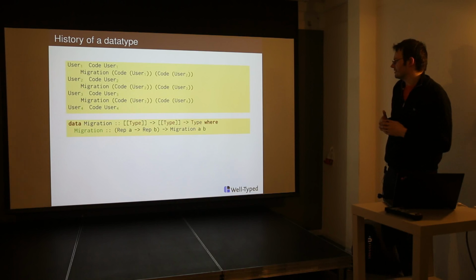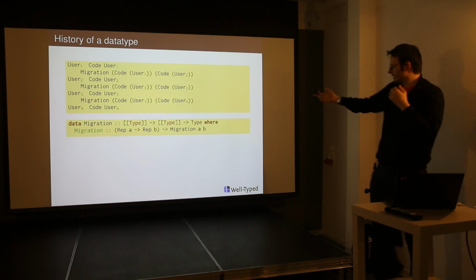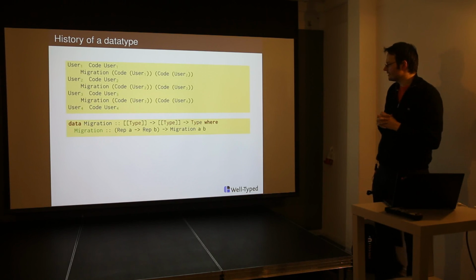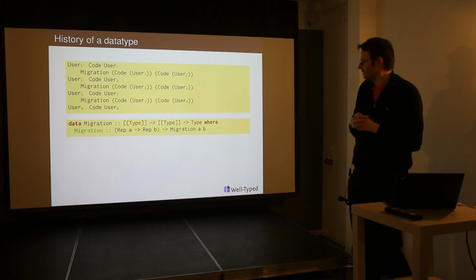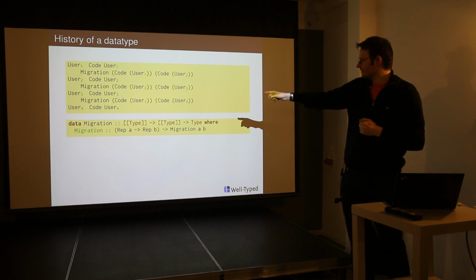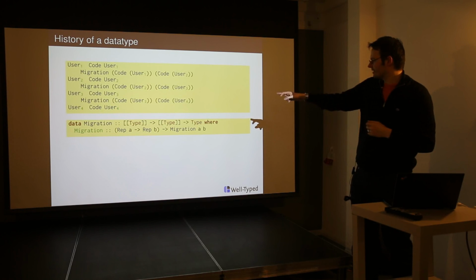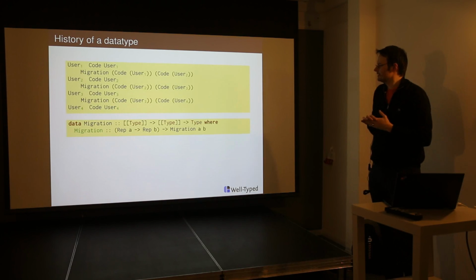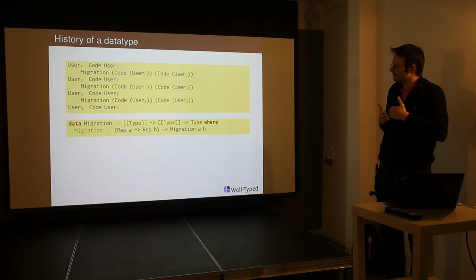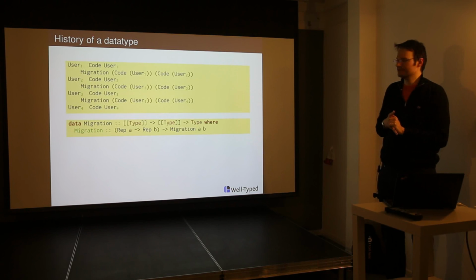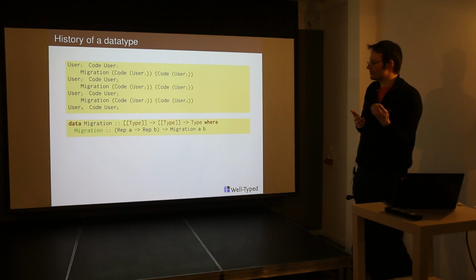And now you can imagine that you have a type migration that explains how to go from a representation of one type to a representation of another, and that essentially gives you a conversion function that operates on the structural representations, not on the original data types.